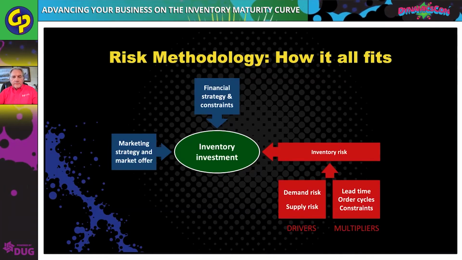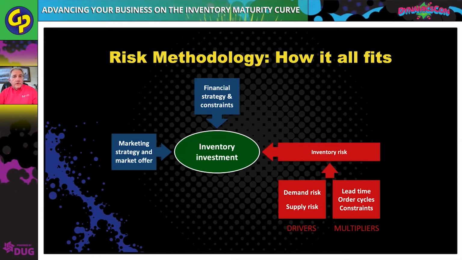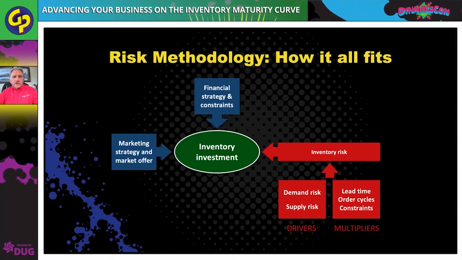That lead time issue, especially in a COVID and constrained supply chain environment, is a challenge. How often we order our product, right? What's our targeted inventory turns, what does that look like in terms of our replenishment cycle, how often we buy, and how many days we cover with that purchase. So there are a number of different multipliers that feed that inventory risk, which then informs the inventory investment in that world of constraints and competing interests and strategies from the different aspects of the organization.